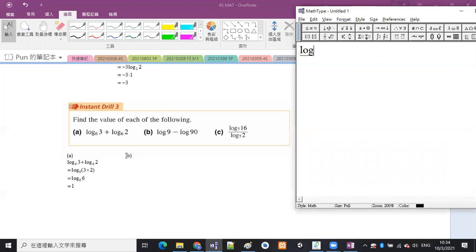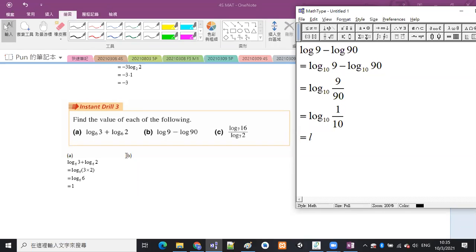And then log 9 minus log 90. There is no base written in the log, which means that it is of base 10. Okay, and then it is log x minus log y. So we can merge them to be one single log with x over y. So it becomes 1 over 10.